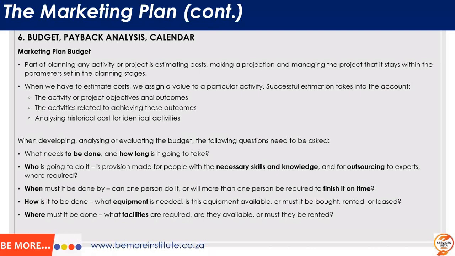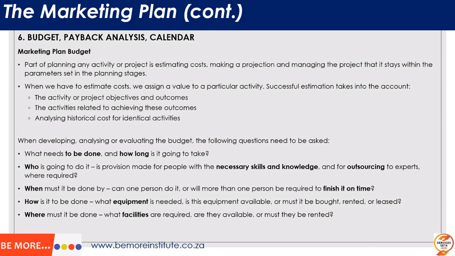So if you have a product that needs specialized equipment, you need to budget for that. Are you going to buy it? Are you going to lease it? The actual branding of the vehicle, how much is that going to cost?